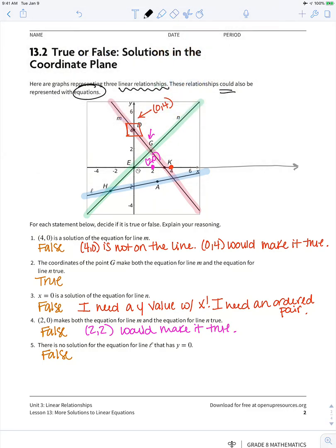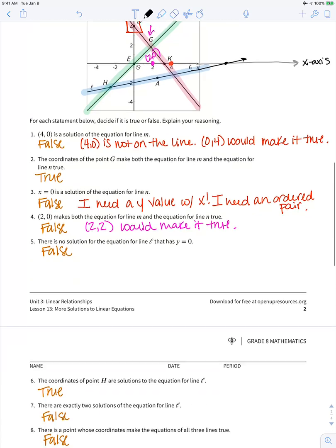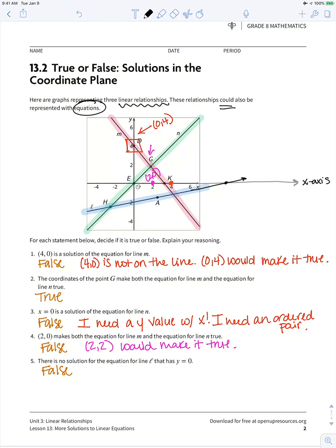What if I were to extend line L? Well, eventually it's going to hit my x-axis, right? So to say there's no solution for the equation that has y equals 0, well, if I were to find the ordered pair for this, it would be whatever x value it is, and y would be 0. So there is a solution, you just don't see it.